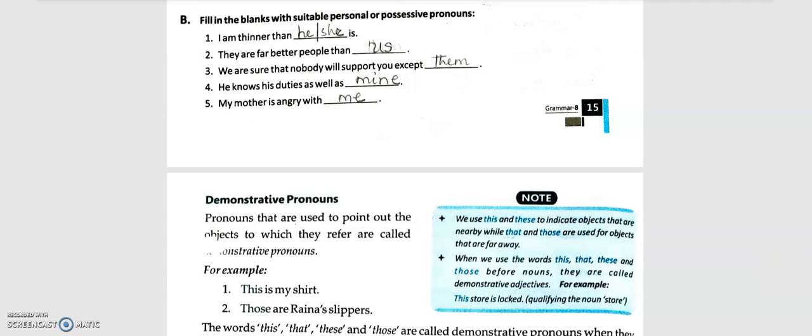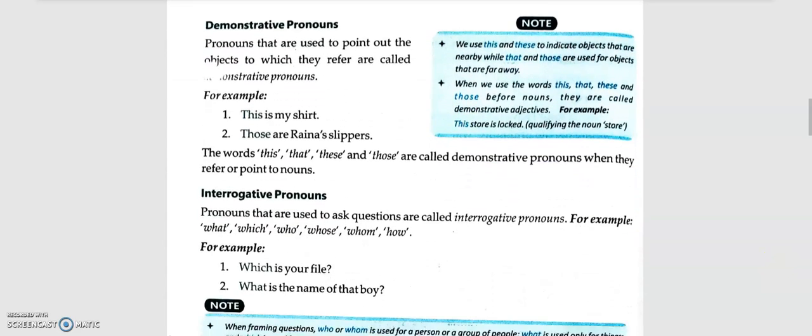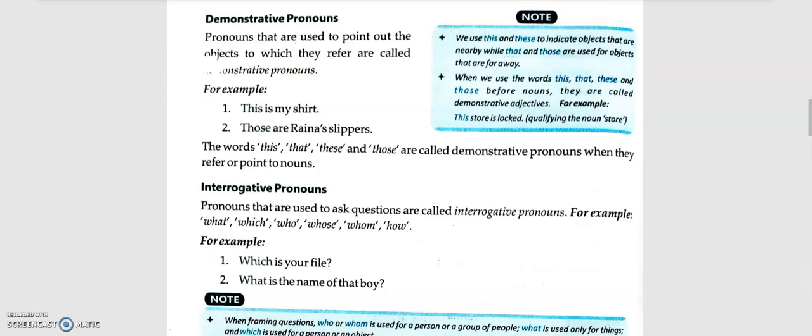Now the third kind of pronoun we have is demonstrative pronoun. Demonstration means to point or to show something. For example, look at the definition. Pronouns that are used to point out the objects to which they refer are called demonstrative pronoun. Now look at this note.